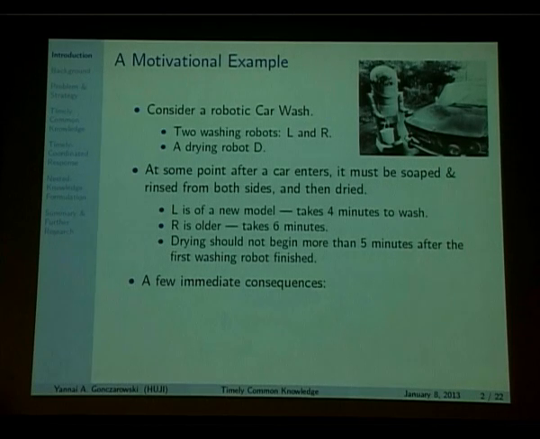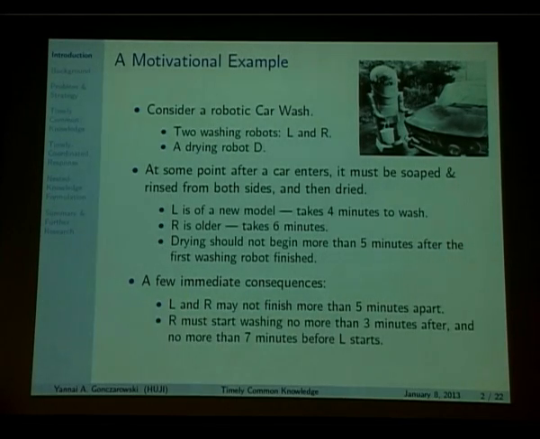We have a few immediate consequences. First one is that L and R may not finish more than 5 minutes apart, because then drying cannot begin after both of them, but not more than 5 minutes after the first one. Second consequence is that R must not start more than 3 minutes after or more than 7 minutes before L. It's the same constraint, exactly what was written above, only factoring into account the fact that L takes 4 minutes and R takes 6 minutes.